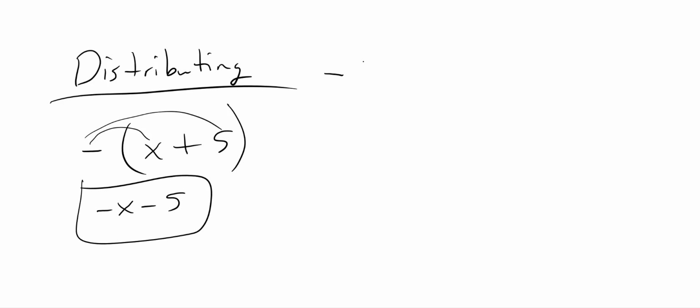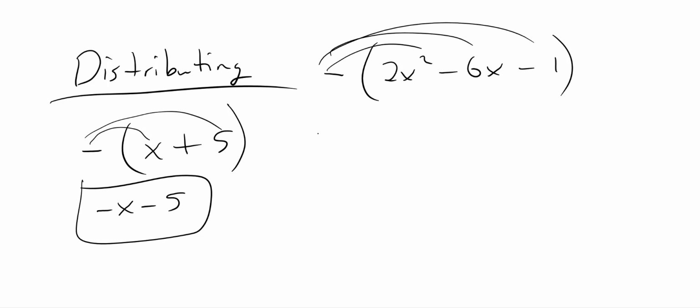So if I do negative parentheses 2x squared minus 6x minus 1, you basically are changing the sign of everything. If it's just a negative, you change the sign of every term inside the parentheses. So you distribute that to all three places. So negative 2x squared, negative of a negative, so plus 6x, and negative of a negative, plus 1. And that would be the answer to that problem.